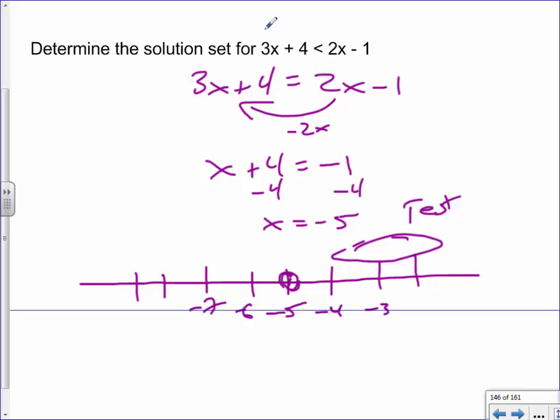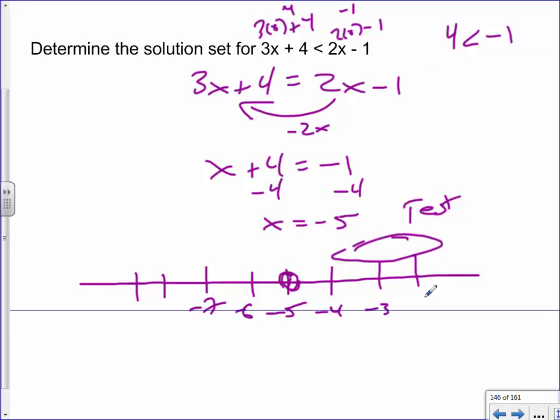I'm going to plug in 0 right here. 3 times 0 plus 4, what does that equal? 4. 2 times 0 minus 1 is minus 1. Is 4 less than minus 1? Okay, it is not.